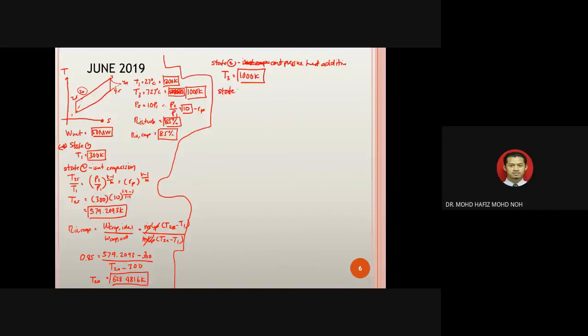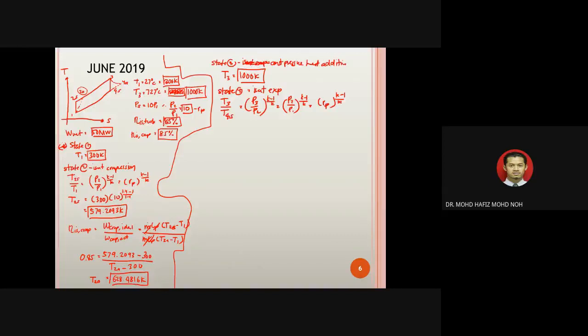So state 4 basically is an isentropic expansion. So for isentropic expansion, you can use the isentropic relationship, which is T3 over T4S equal to P3 over P4 to the power of (k minus 1) divided by k, which is the same as P2 over P1 to the power of (k minus 1) divided by k, which is rp to the power of (k minus 1) divided by k.